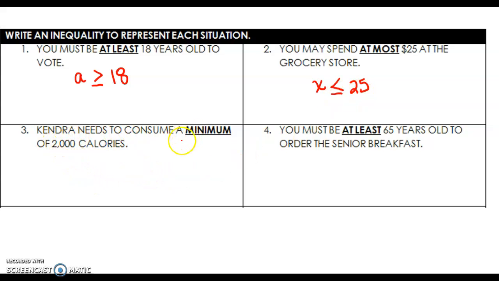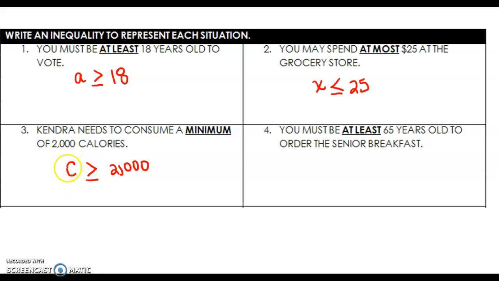Kendra needs to consume a minimum of 2,000 calories. So I'm going to say C, 2,000. Okay, and minimum means that that is the least she can eat. So she can eat more or that same amount.